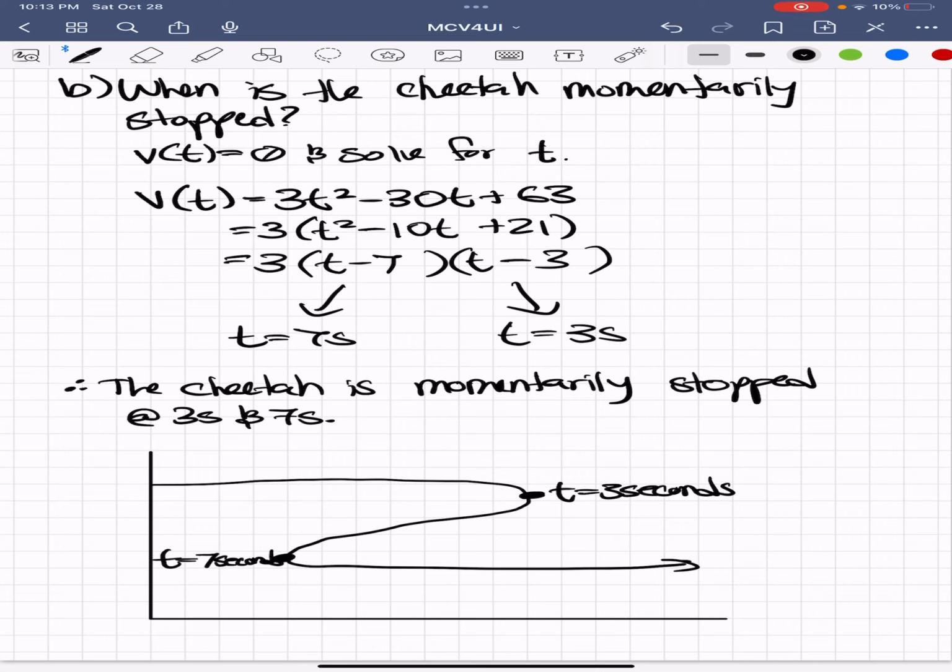So this is the cheetah stride. And you can see it stopped at 3 seconds and 7 seconds.